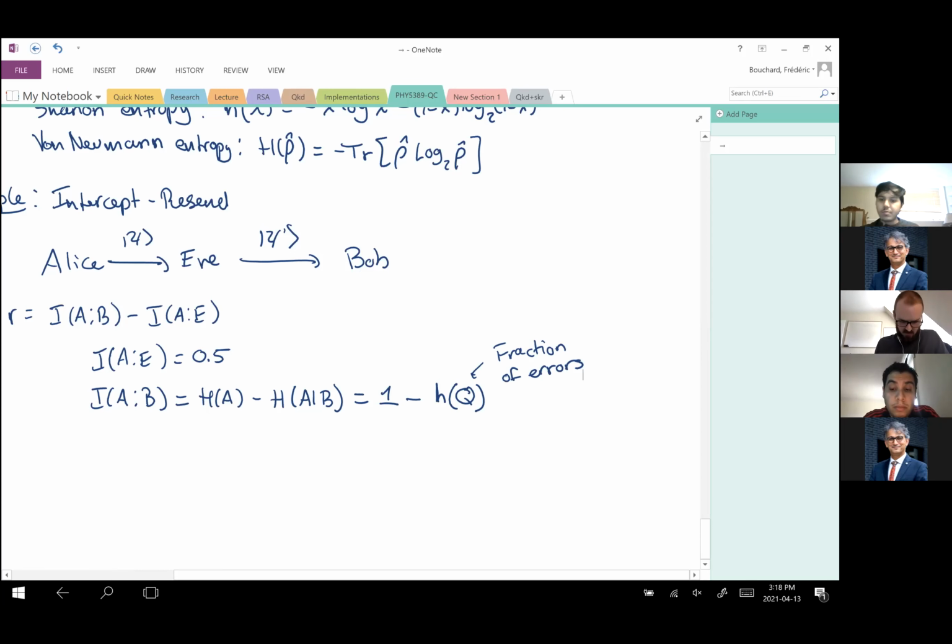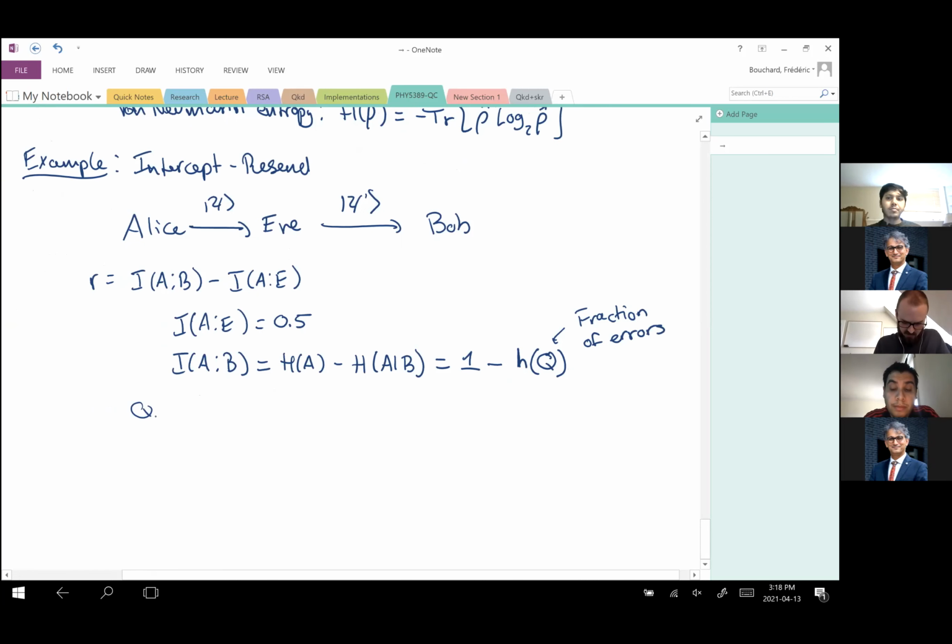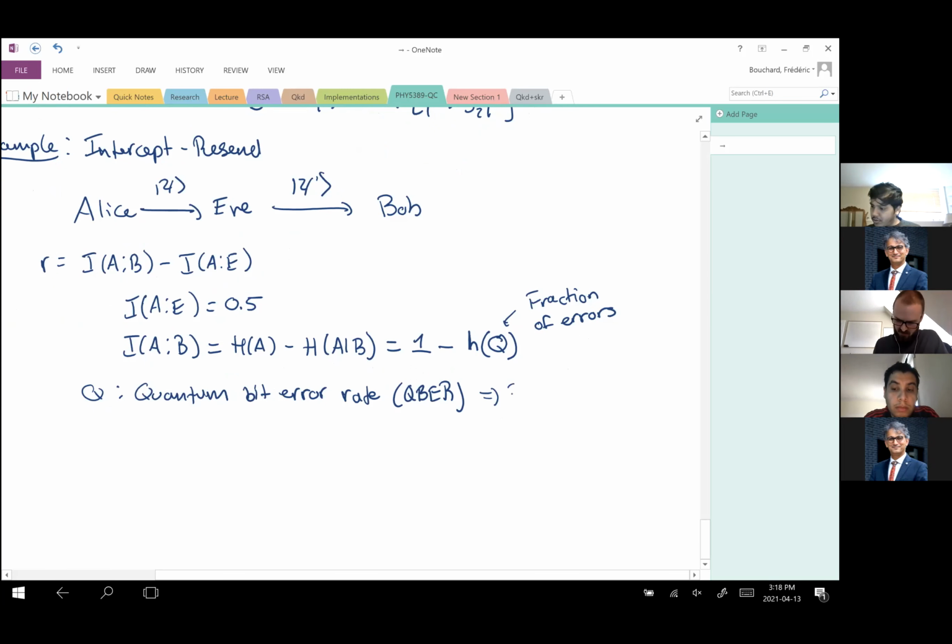And Q is actually a really important quantity in QKD or quantum cryptography. It's called the quantum bit error rate, or QBER. The definition is the number of errors in Alice and Bob's shared key, divided by the length of the key.